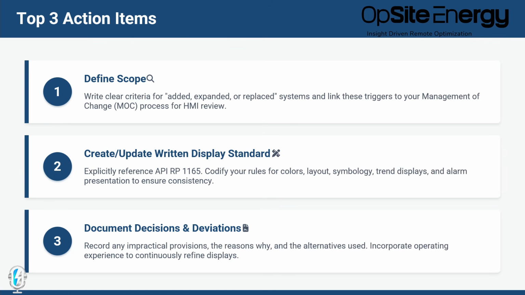Make sure you have them, because they're expected to be there for 1165. Make sure your rules, layouts, and symbology are codified and organized to give you consistency. Finally, document your decisions. Just because you have a deviation doesn't mean it's wrong. You just want to make sure you have your documents and have recorded why you made those decisions.